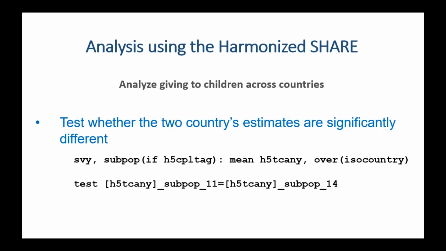We can take our mean of our variable, but in this case we're going to use an option called over, and we're going to say over ISO country, which means for all the values of ISO country that we have a value of H5 TCANY for, we're going to estimate those differently.